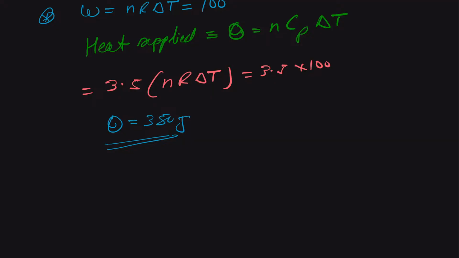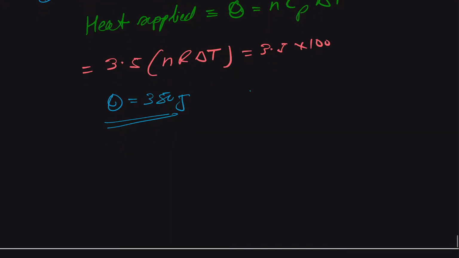Or in case of shortcut, we can also use that Q is equal to gamma times W over gamma minus 1. We can use this shortcut in order to find out the heat given. Gamma is 1.4, so that will also give us the same answer.